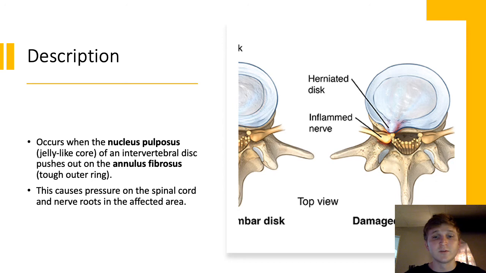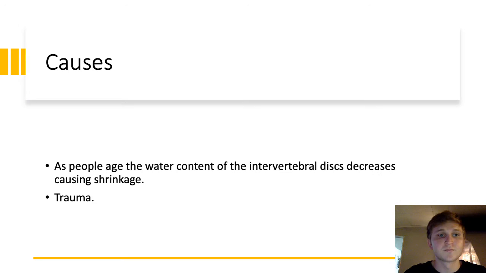An intervertebral disc is made of a core called the nucleus pulposus and an outer ring called the annulus fibrosus. So in a herniated disc, the nucleus pulposus, the jelly-like substance, is going to actually push out of the outer ring, and this is going to cause pressure on the spinal cord and nerve roots in the area.